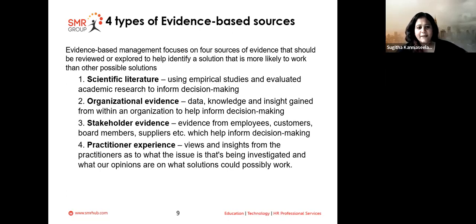And this can also be academic research by thought leaders, very well-cited leaders. That kind of scientific literature is very much valid for you to use as a source of evidence. Then we have organizational evidence, the biggest chunk of evidence that is available to us as people practitioners.